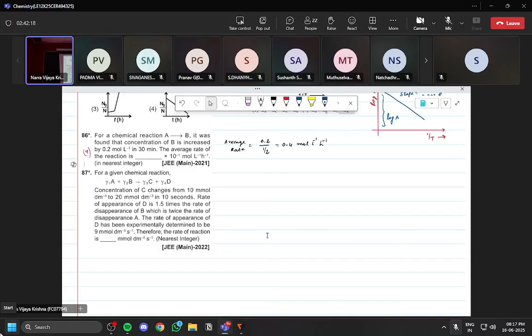Rate of appearance of D is 1.5 times the rate of disappearance of B, which is twice the rate of disappearance of A. The rate of appearance of D has been experimentally determined to be 9 millimole per liter per second. Therefore, the rate of reaction is.